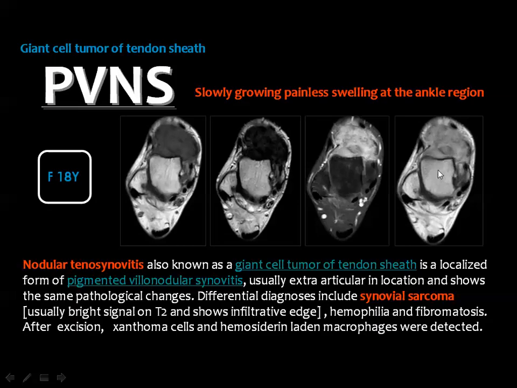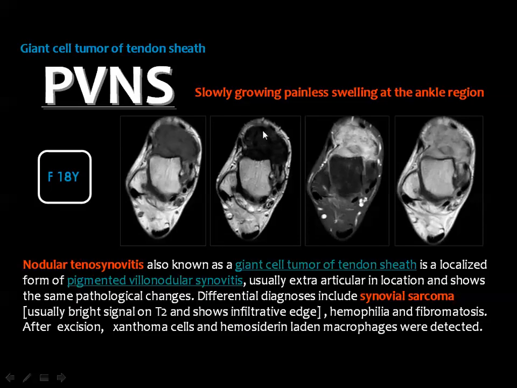and the contrast enhancement. Of course, this lesion may be mistaken for synovial sarcoma, but you should remember that synovial sarcoma will show bright signal in the T2 weighted image, or at least mixed signal due to the presence of fluids and some other soft tissues.